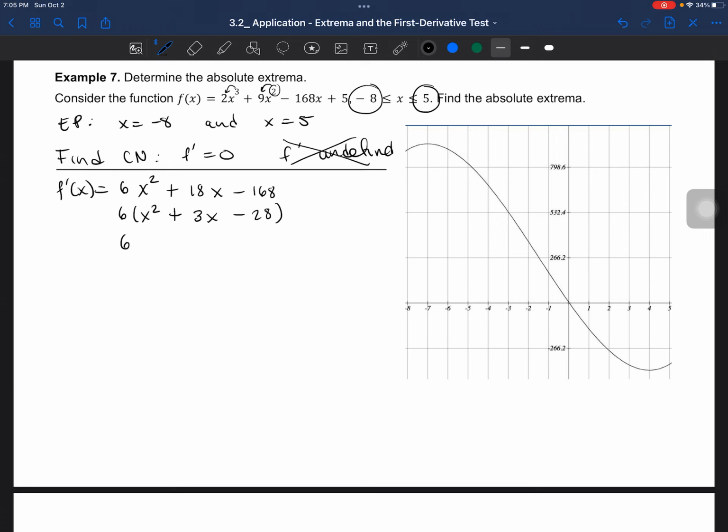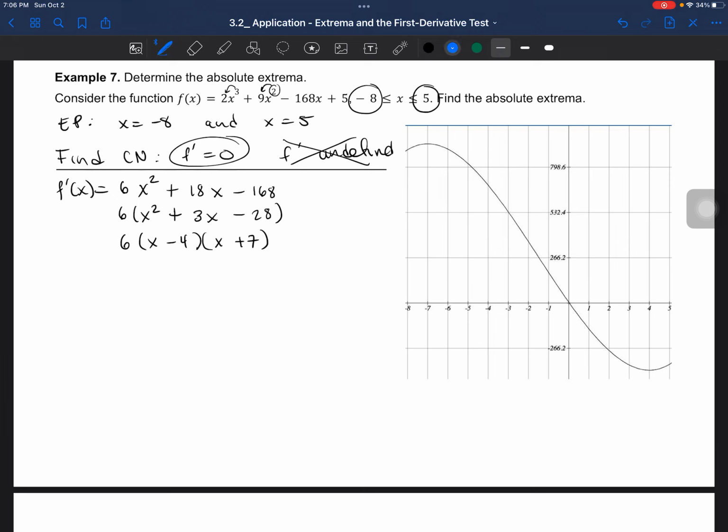Then we factor the rest, and we end up with x minus 4 times x plus 7. So x times x is x squared, and to get the -28, we have -4 times 7.